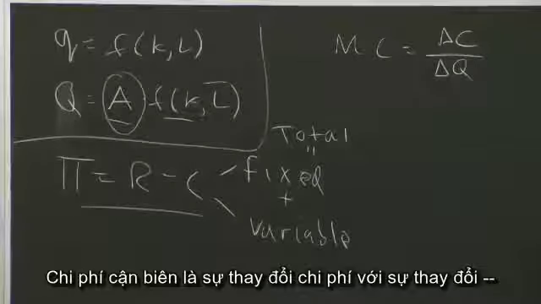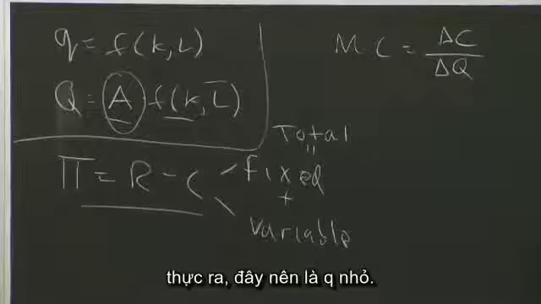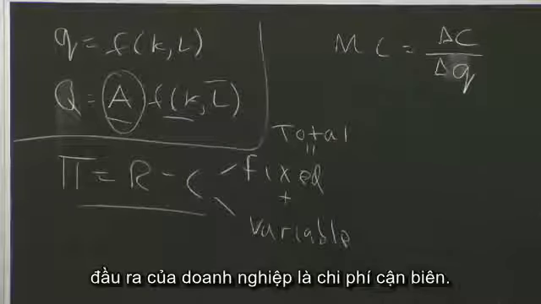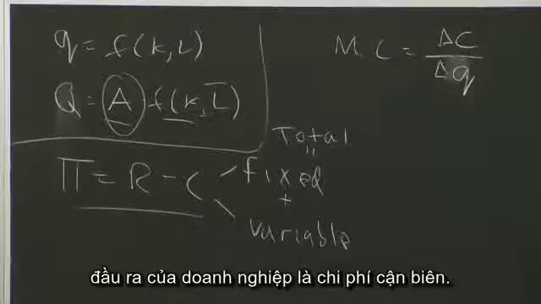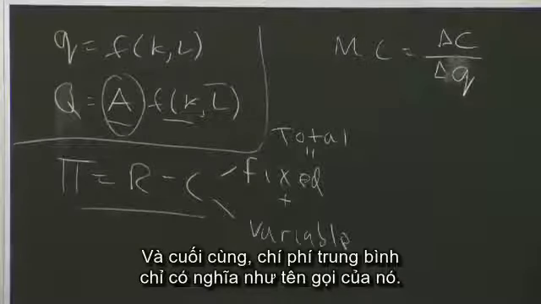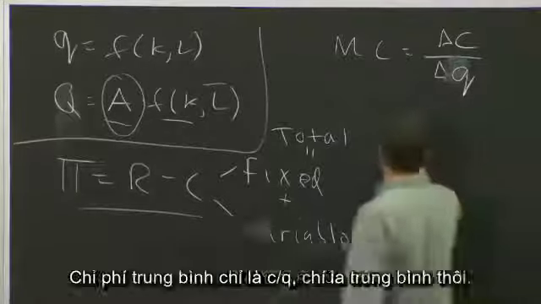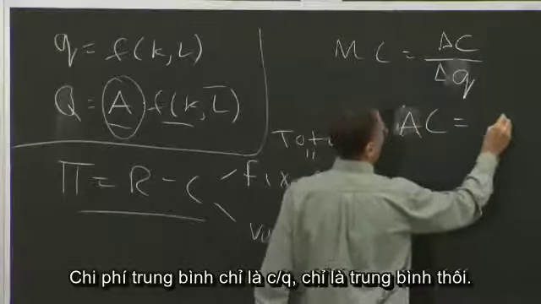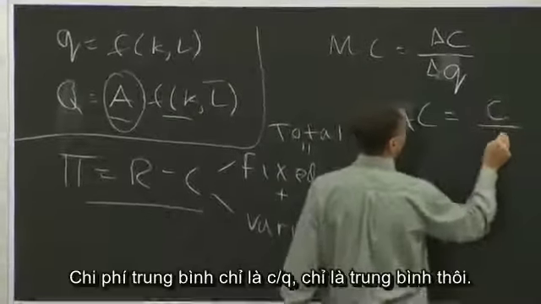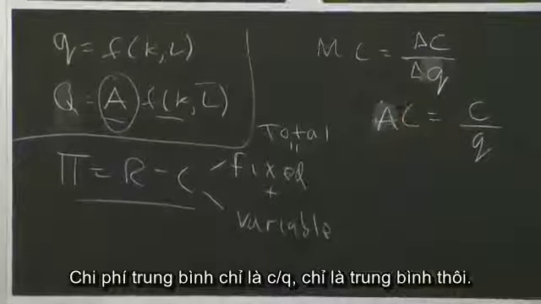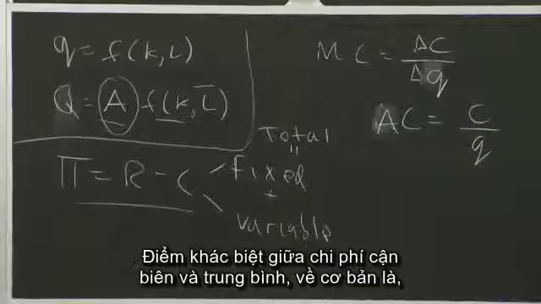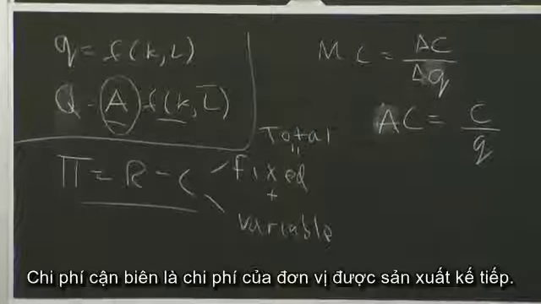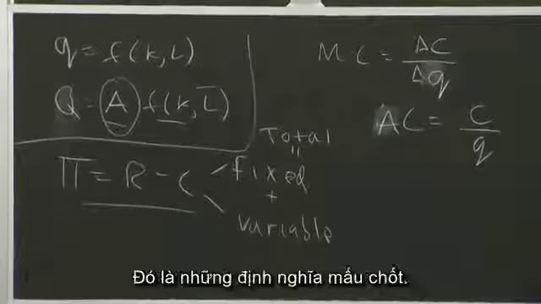So marginal cost is the change in a firm's cost with the change in the firm's output, Q. And average cost is just what it sounds like: C over Q, the average over the whole set of goods produced. Marginal cost is the cost of that next unit of production. Those are our key definitions.